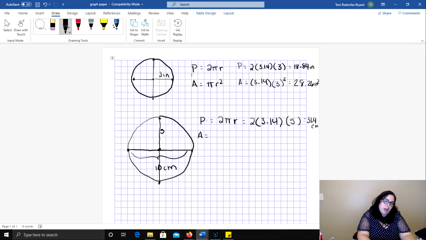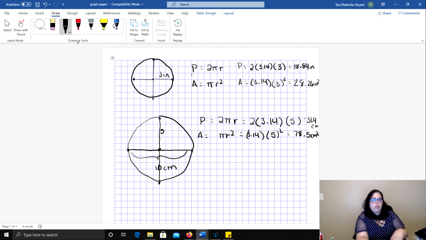For the area, we do pi r squared, which is 3.14 times 5 squared, which is 25. We should get a slightly lower answer than the one on the other sheet. It's going to be 78.5 centimeters squared.